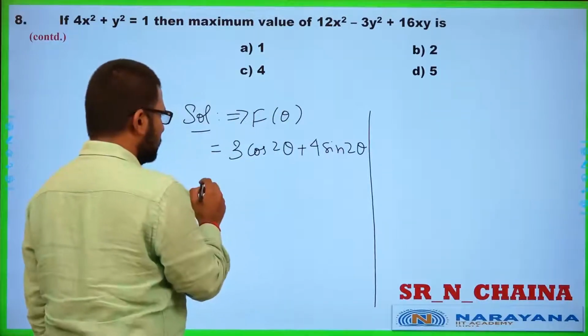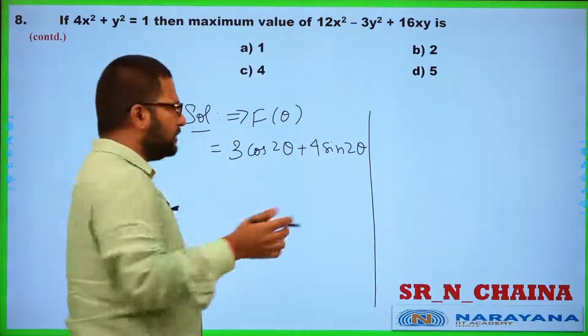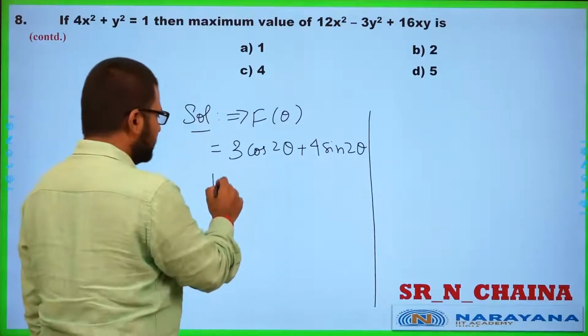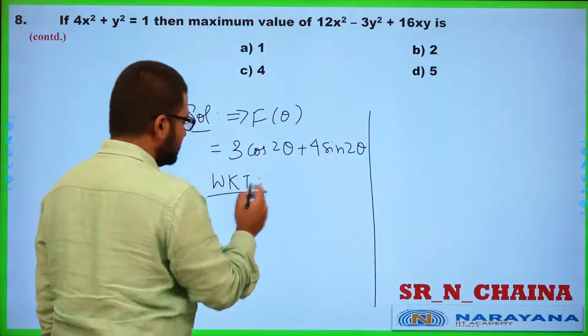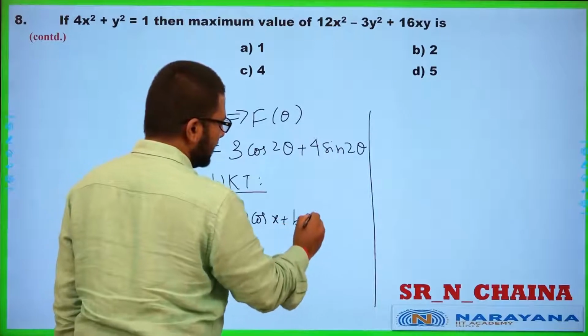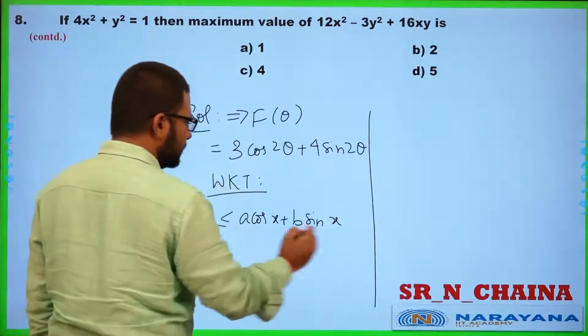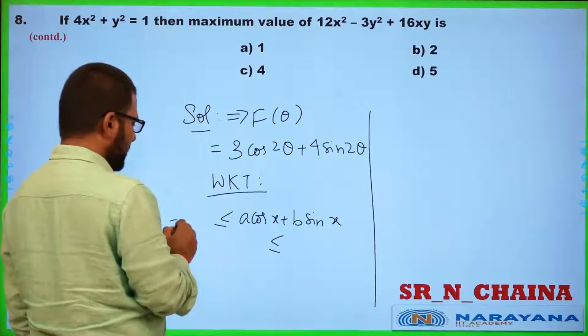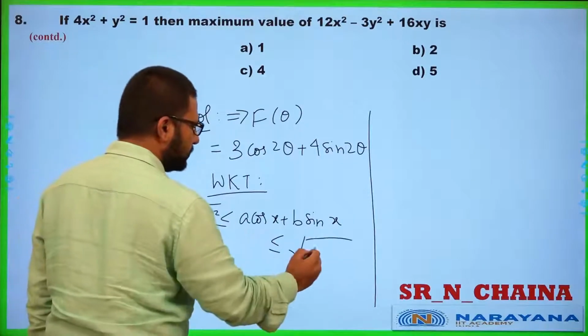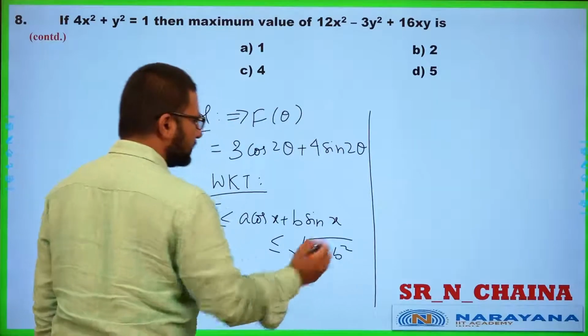value, right? So do you remember the A cos theta plus B sin theta form? This is something that you studied in junior classes, that A cos x plus B sin x lies between minus root A square plus B square and plus root A square plus B square, correct?